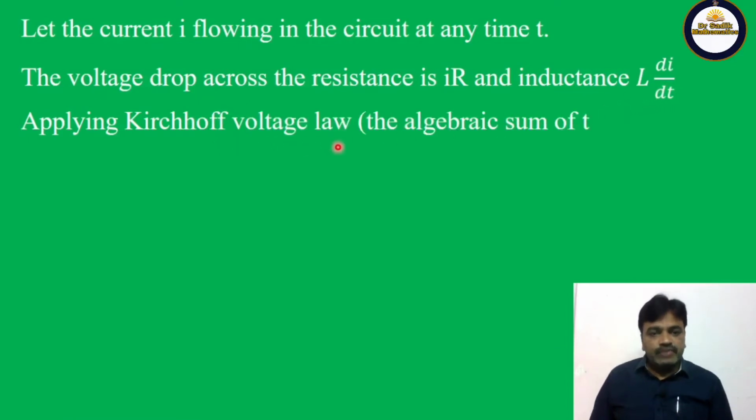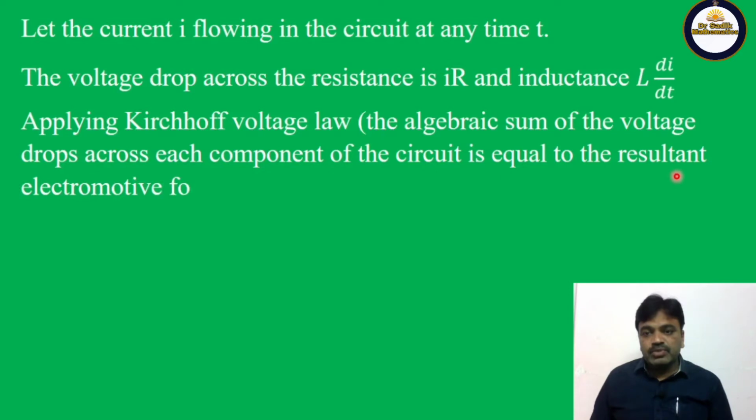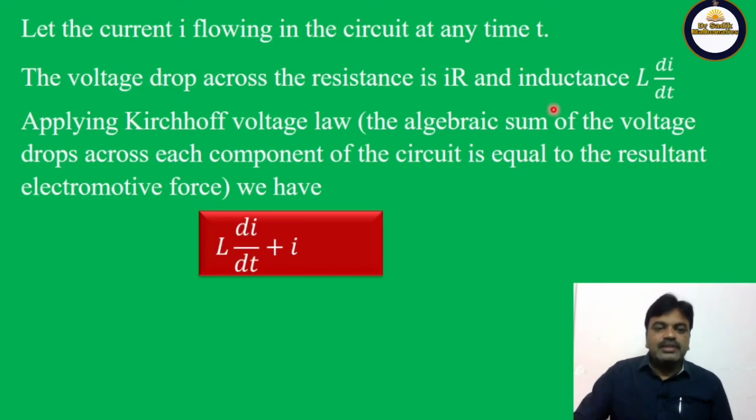Now applying Kirchhoff's law, the algebraic sum of the voltage drops across each component is equal to the resultant electromotive force, which here is E. We add the two voltage drops: L di/dt plus IR is equal to E, the electromotive force.